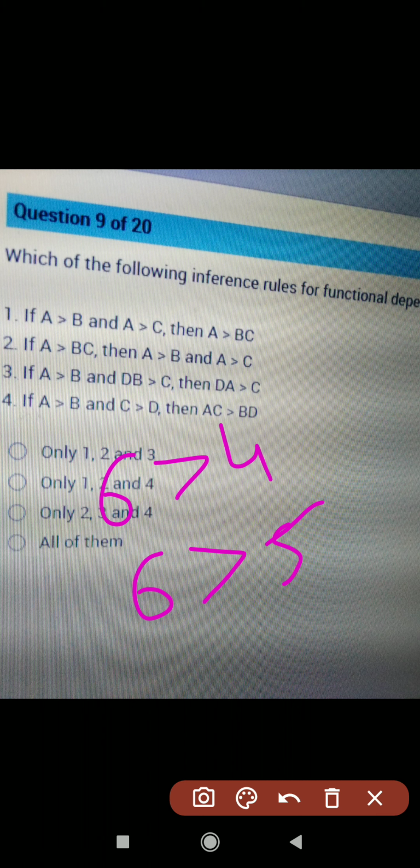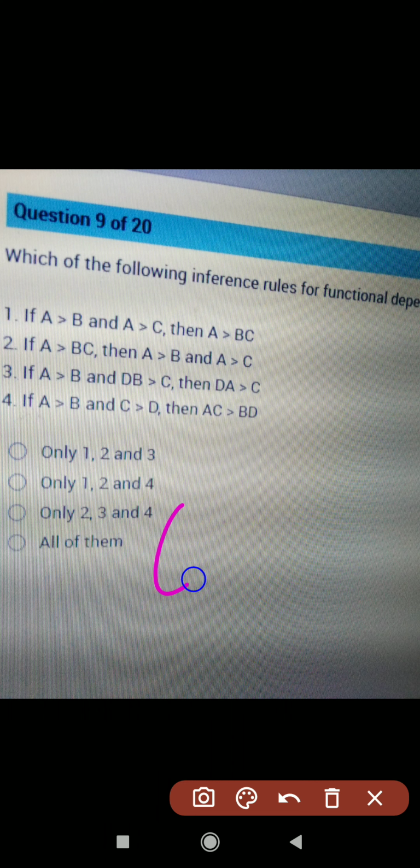Now is A greater than B into C? That means 6 is greater than 5 into 4. Is it true? No. 5 4s are 20, and here I am saying that 6 is greater than 20. So obviously 6 is not greater than 20 and the condition is failing. So that's why the first option is not right. The only right choice is that only 2, 3 and 4 are holding good for the functional dependencies. So like this you have to trace that question, guys.